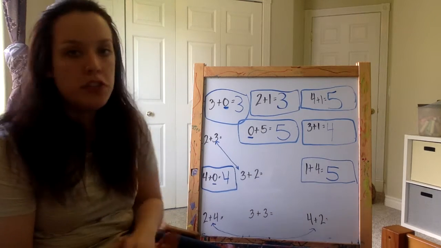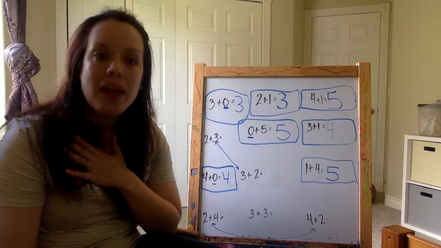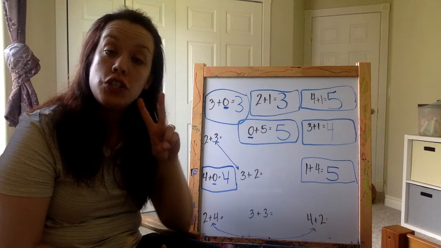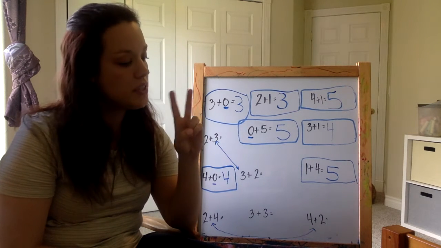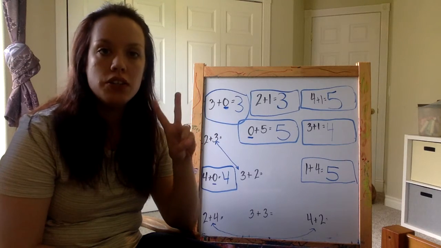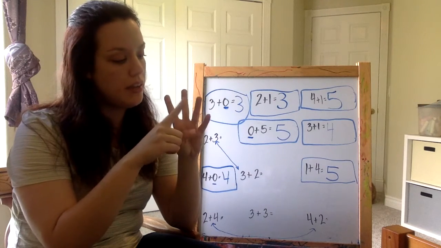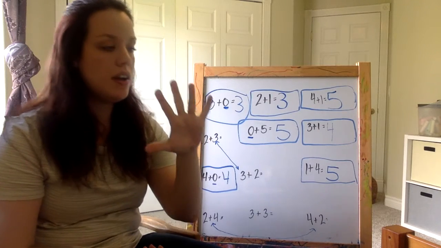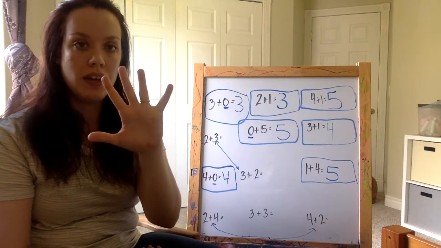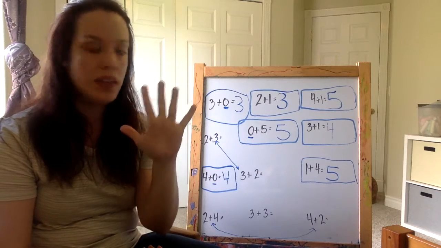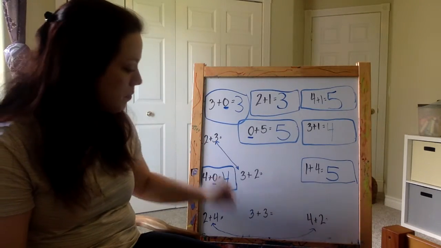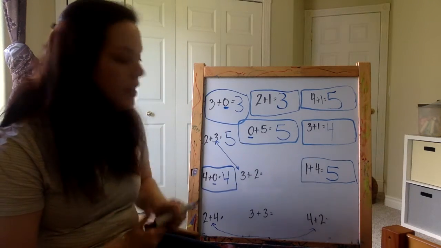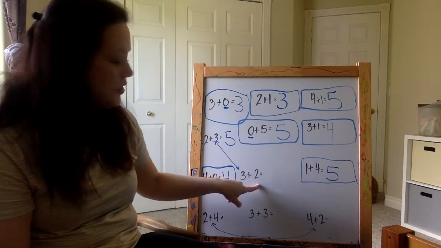And in order to solve 2 and 3, I'm going to use my counting on strategy. So I'm going to start at 2, and I'm just going to count on 3 times. Ready? 2, 3, 4, 5. I counted on 3 times. 3, 4, 5. 2 and 3 more makes 5. Let's go ahead and check by doing 3 and 2.